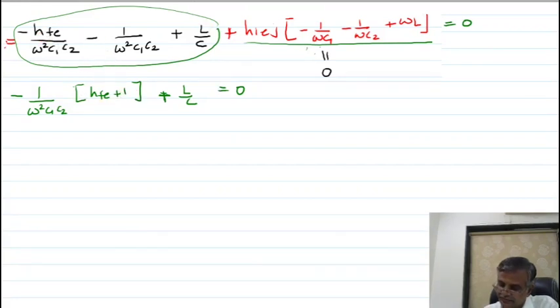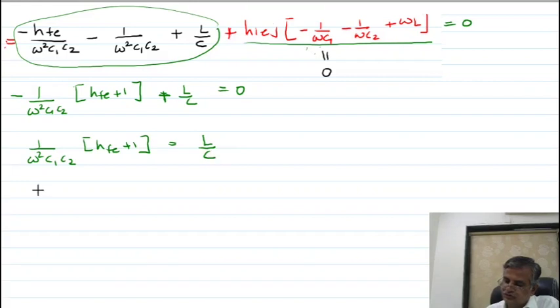Now I can write 1 upon omega square C1 C2 into (HFE plus 1) is equal to L by C. So I can write HFE plus 1 is equal to L by C into 1 upon omega square C1 C2.